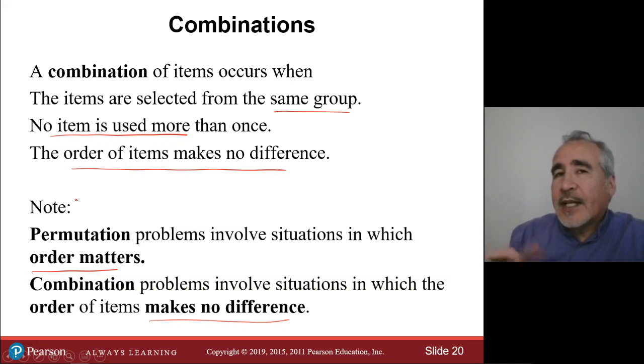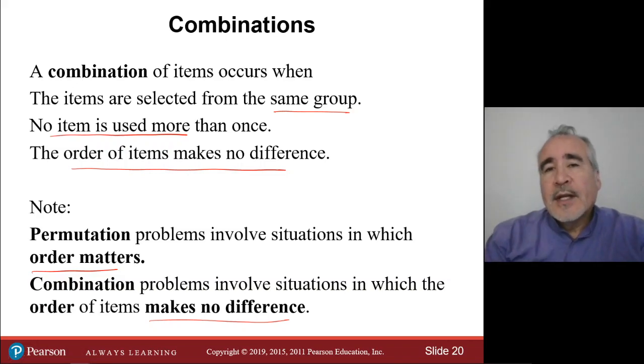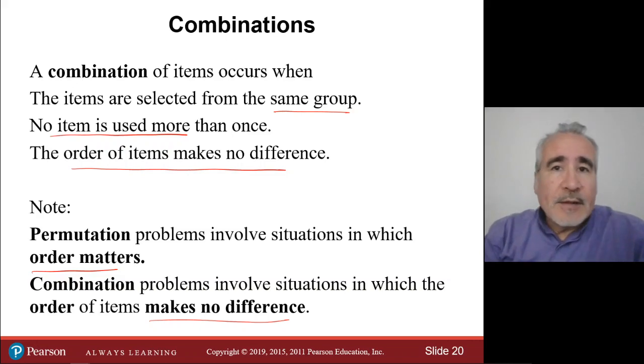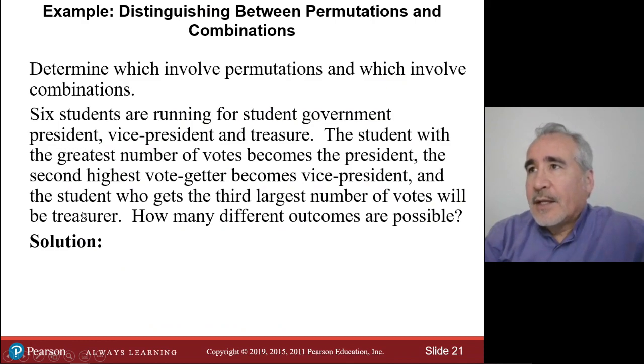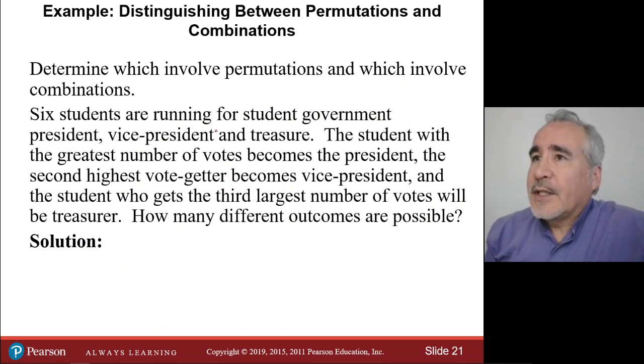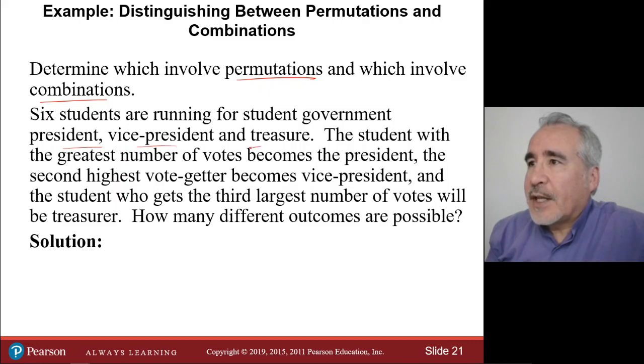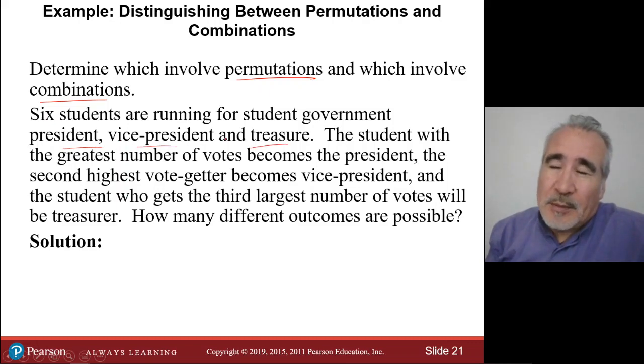Once we decide which, and we have to do it from the context of the problem, then we proceed one of two ways. So this question: does it involve a permutation or a combination? 6 students are running for student government. They have a president, vice president, and treasurer. Order seems to be important already.